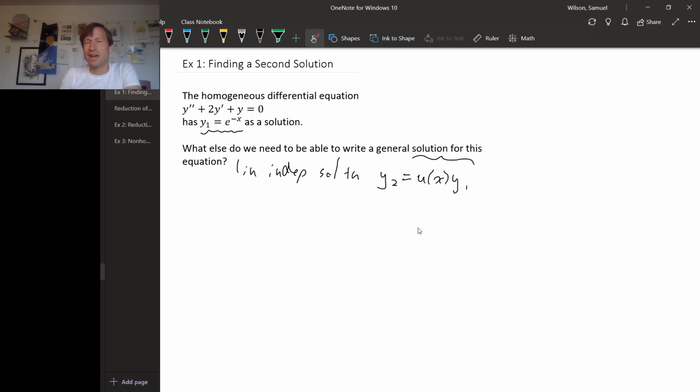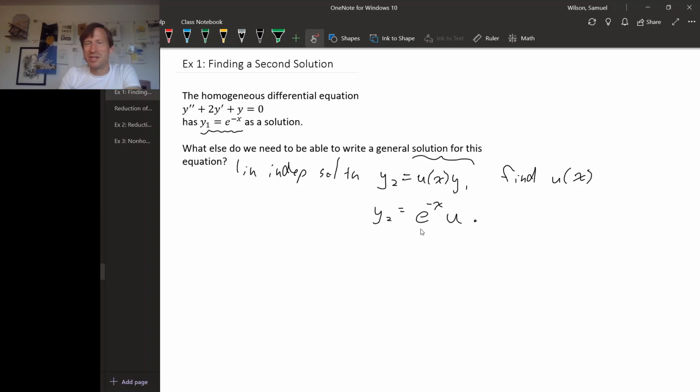So this is going to be our guess, that our second solution is some unknown function u of x times y sub 1, but then we're going to try to find this unknown function u of x. So y1 is e to the minus x. So we have e to the minus x times u, and we need to find u.